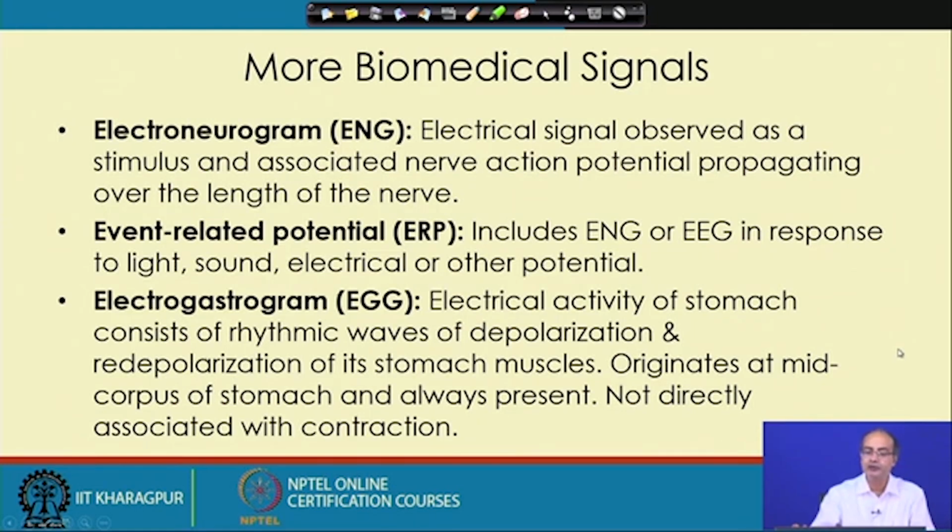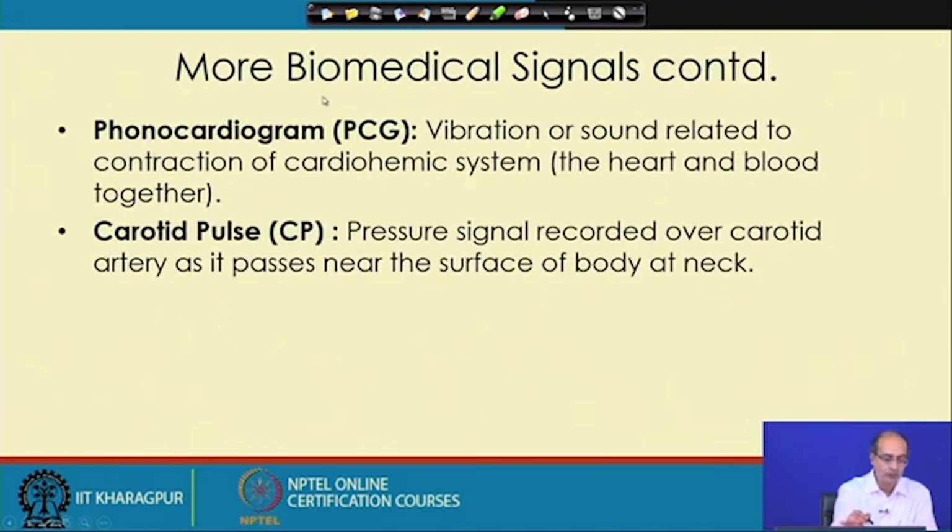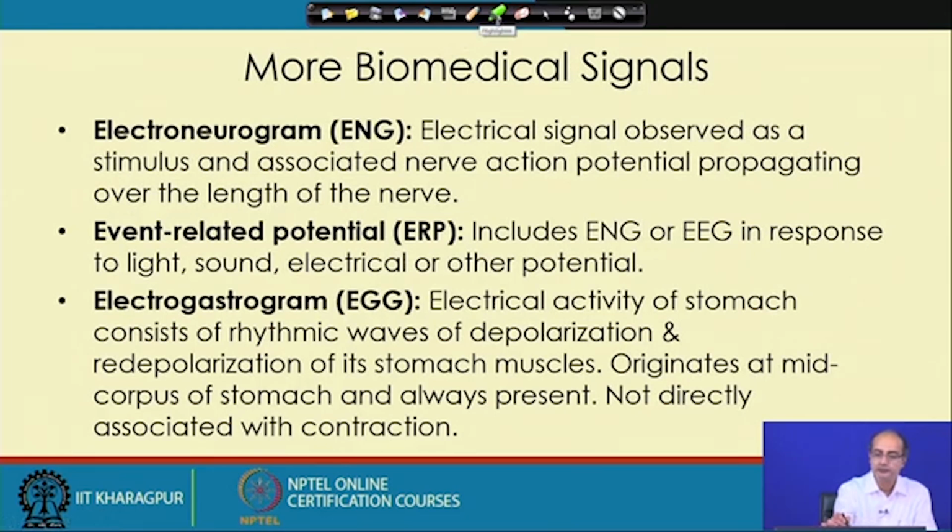We can look at the velocity of that, and if we do the recording over the length of it, that signal is called the electroneurogram, or in short the ENG signal.